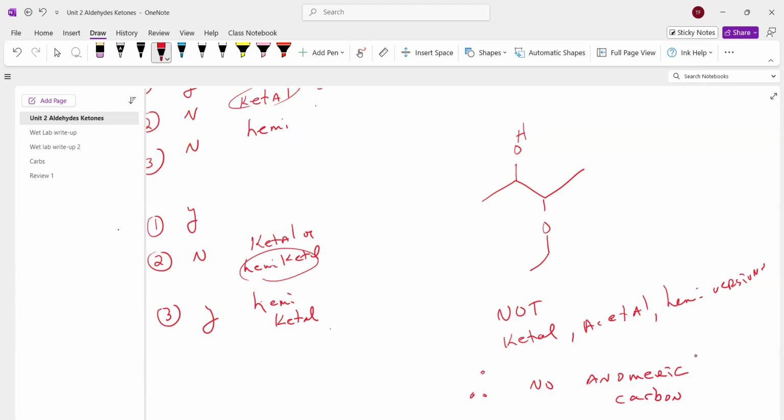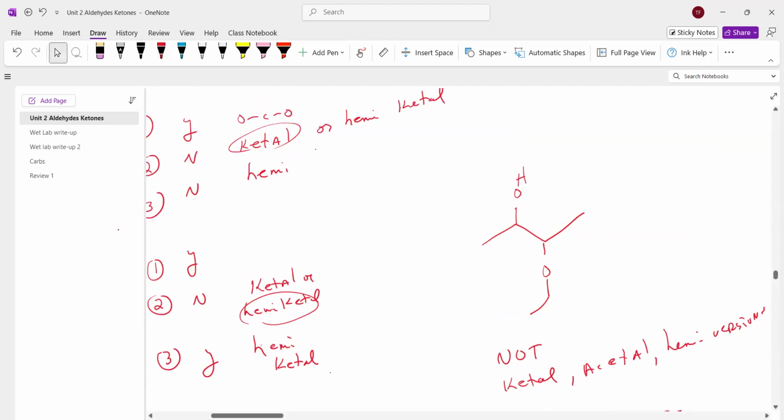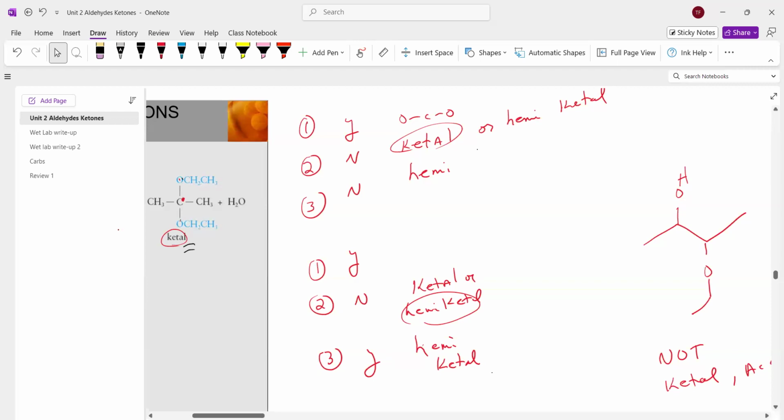So the crucial step is number one. Do we have an OCO? And that means we've identified an anomeric carbon. Okay. Are there any questions about how to go through these three steps?